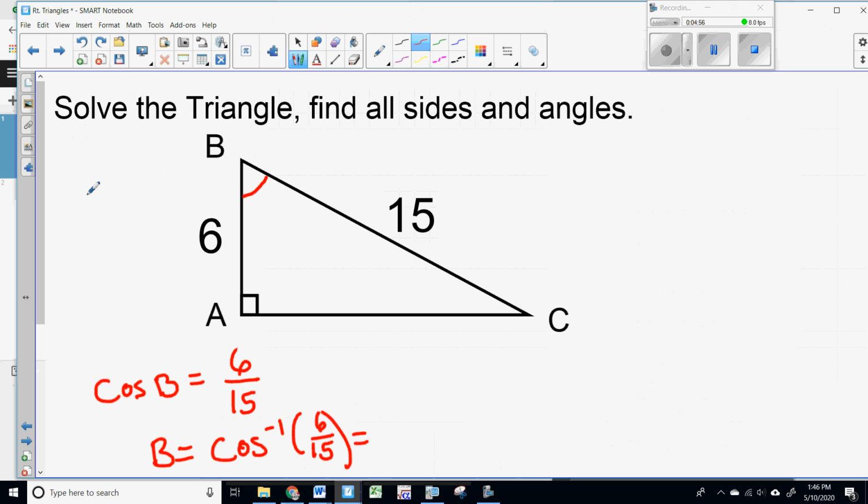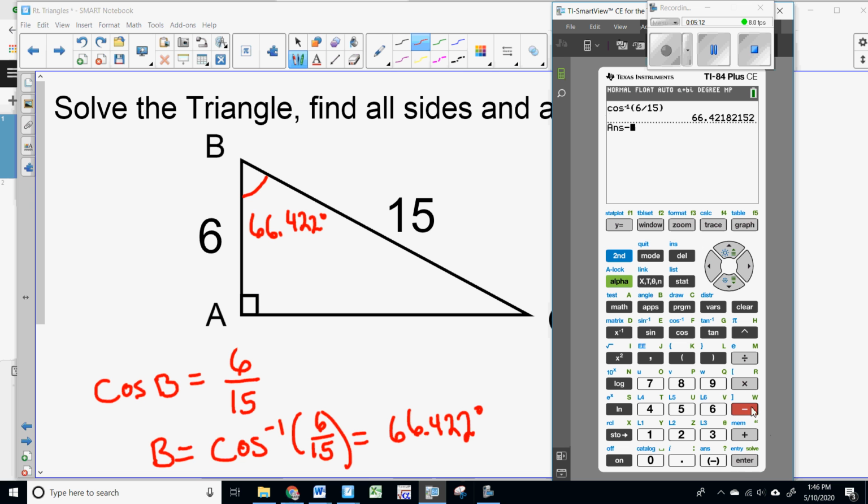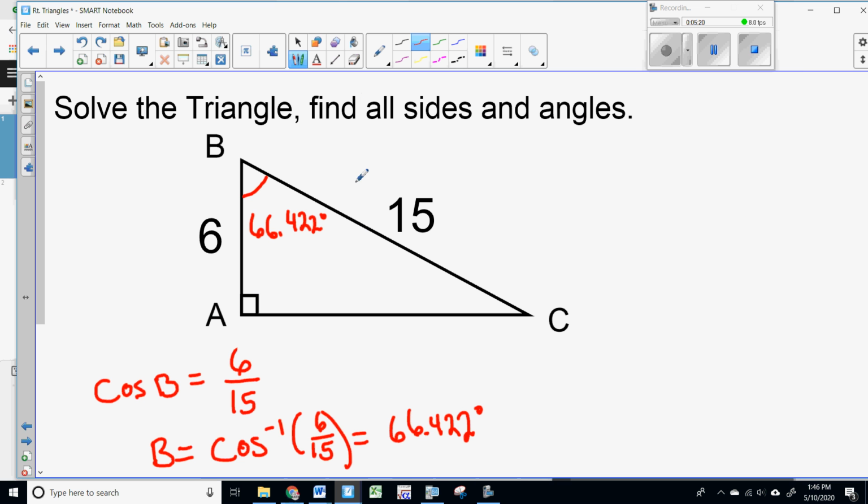So that is my angle B, 66.422. Once we know that, we then need to find my angle C. To find my angle C, I can just subtract from 90 and get 23.578.